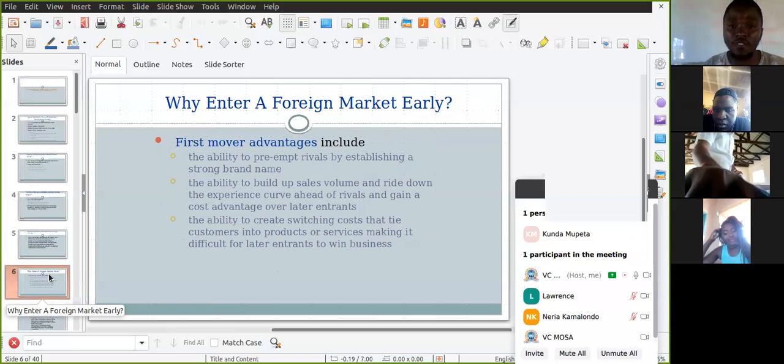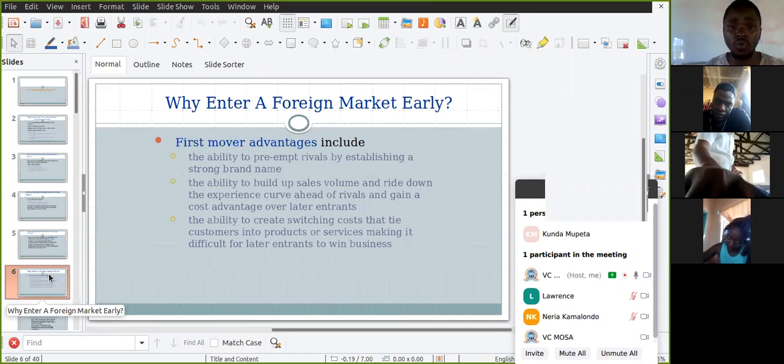Why enter a foreign market early? So we look at the advantages of why you decide to enter a given market early. You have the first mover advantage, and these include the ability to preempt rivals by establishing a strong brand name.